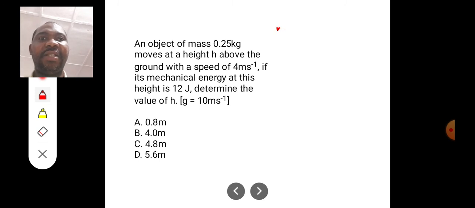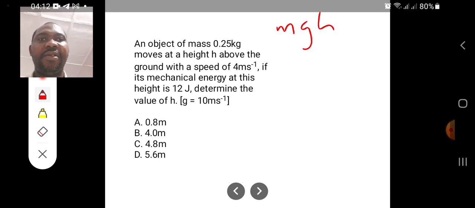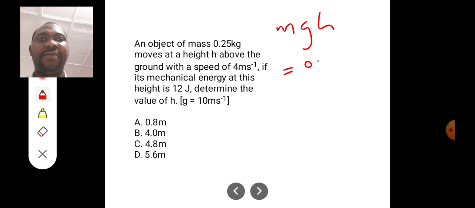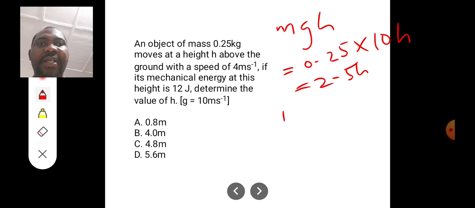So let's see, what is mgh? First of all, your m here is 0.25, your g is 10, and your h, the height, is what we are looking for. So that will give us 2.5h. Then let's see, kinetic energy is half mv squared.